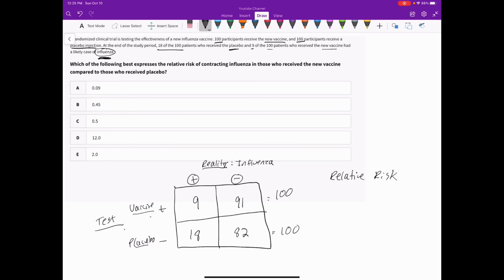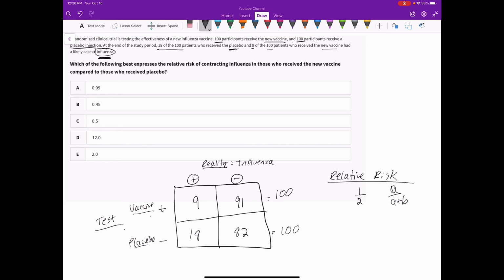So they saw the 18 out of 100 patients or 9 out of 100 patients, and they saw if they developed influenza or not. They didn't have it before the study started. They only developed influenza after the study. Okay. What was our equation for relative risk? Well, we said it was one number over two numbers, right? So A over A plus B, for example.